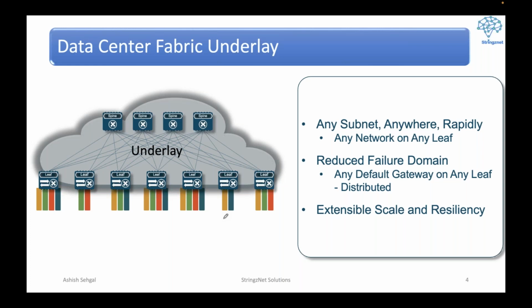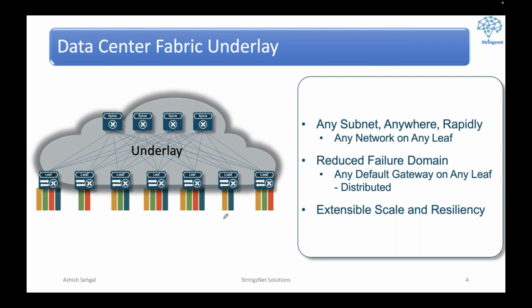This connectivity is established first. Number one, physical connectivity. Number two, IP addressing. Number three, routing protocol. Make sure layer 3 reachability between all the nodes participating is established. This is called underlay.